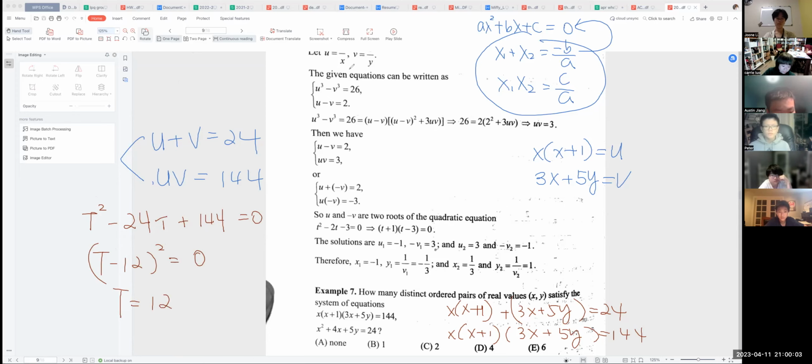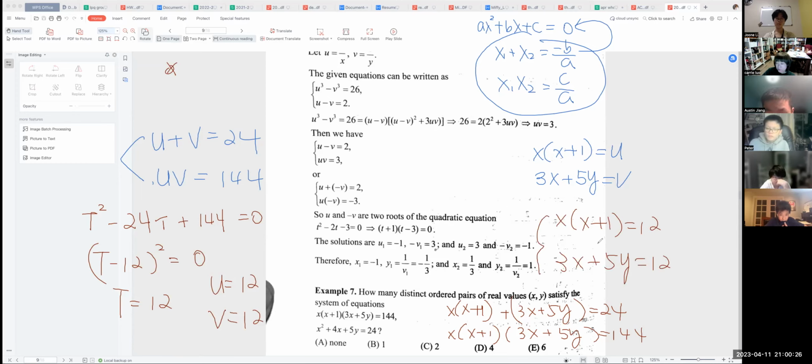So that means what? So u equals 12 and v also equals 12. So x times x plus 1 equals 12, and 3x plus 5y also equals 12. So based on that, we can find out the value of x and y.